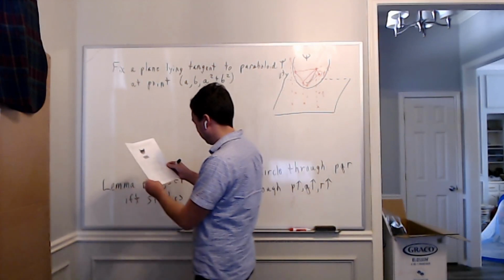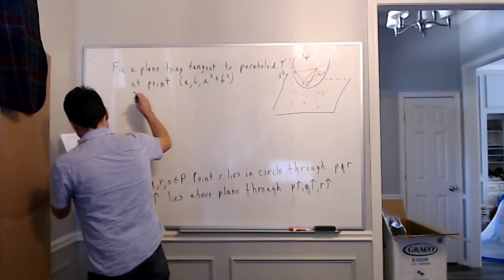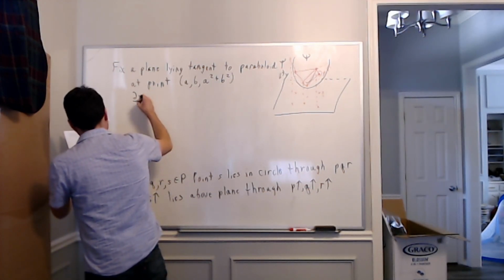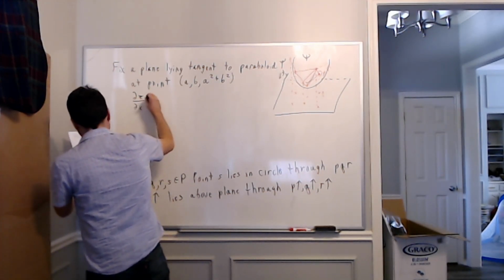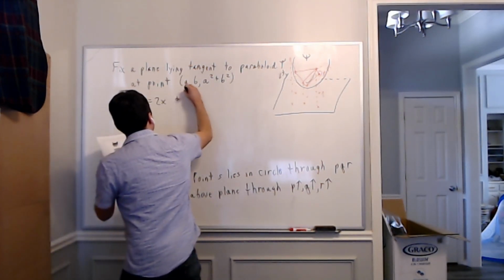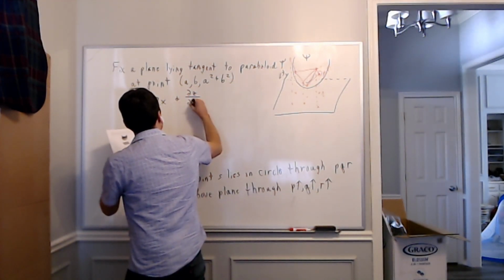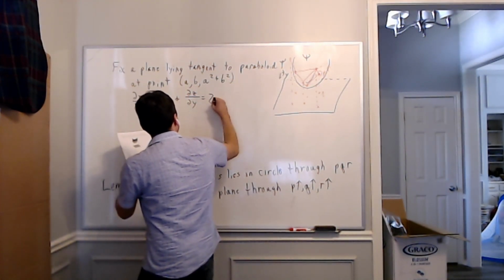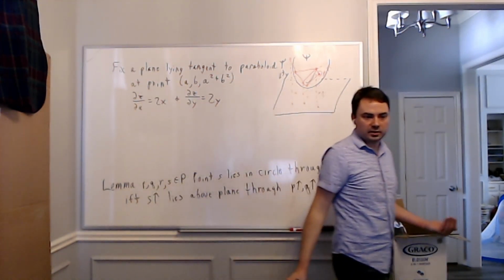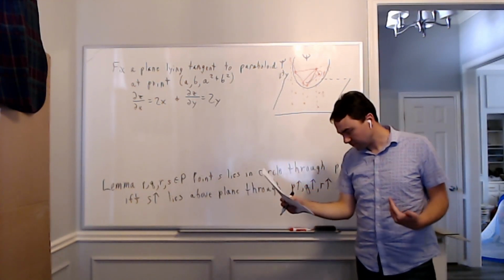We might observe that partial z over partial x is equal to 2x, and partial z over partial y is equal to 2y. That's just me taking the partial derivative of x squared plus y squared.